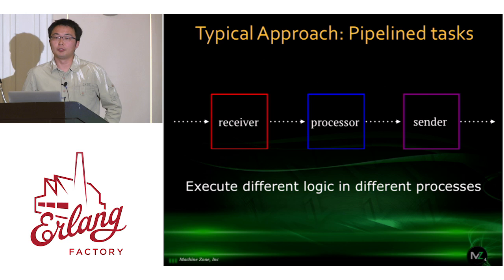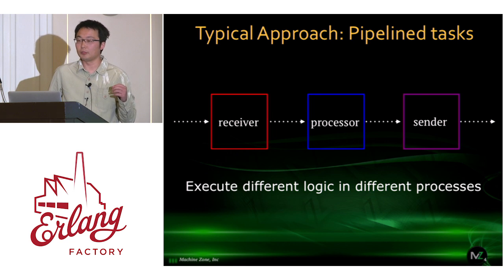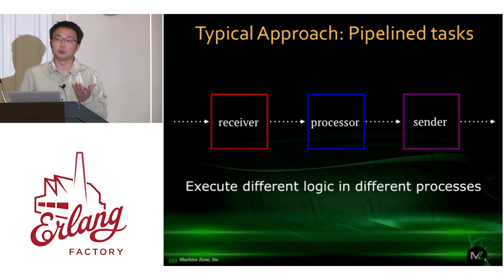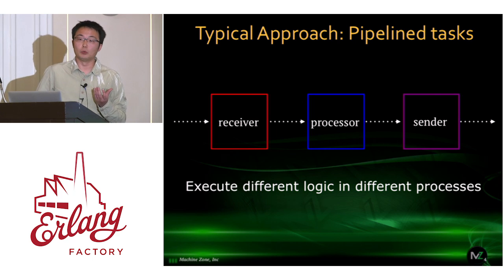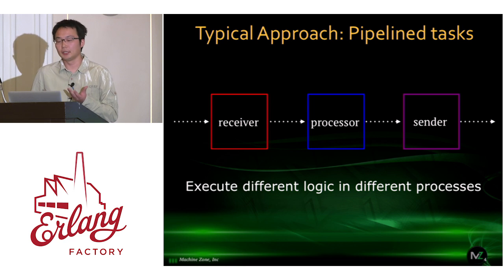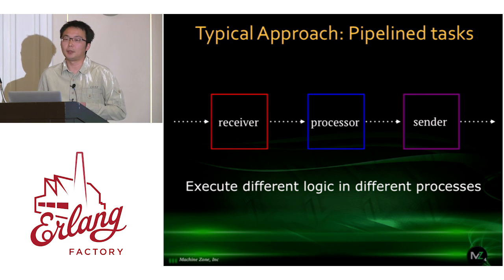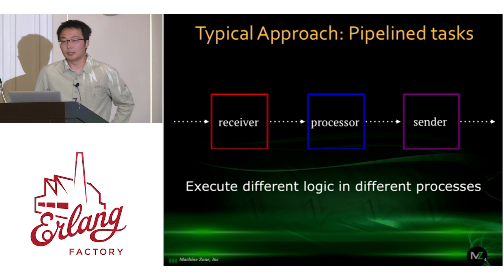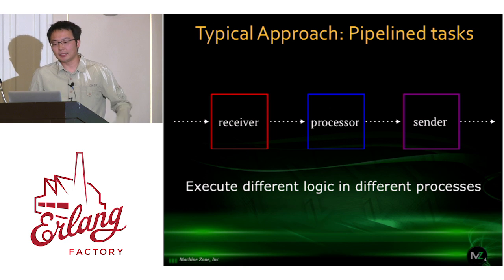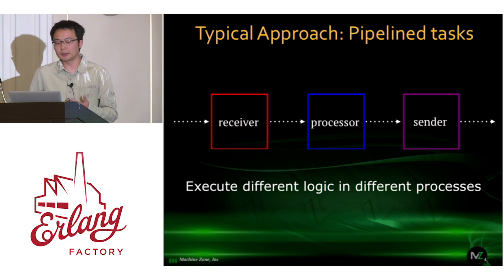For example, we have requests coming in from one node, and we have a receiver that collects all the requests, and we push them to another processor, which does some logic processing. And when we get the result, we put it to the sender, which dispatches all the results to the different nodes. And it's kind of natural to map all these three components onto different processes in Erlang.